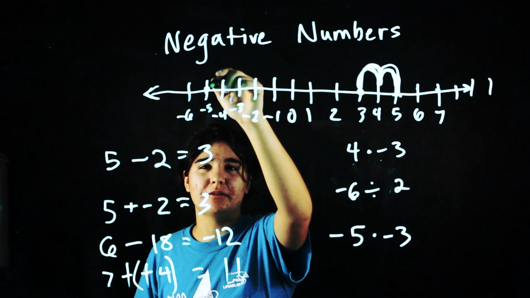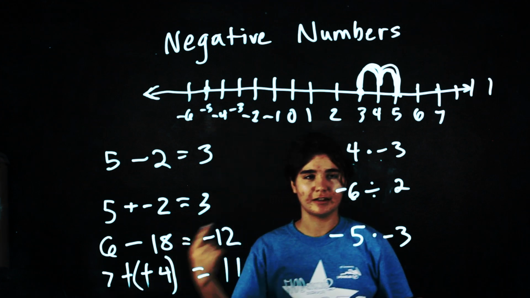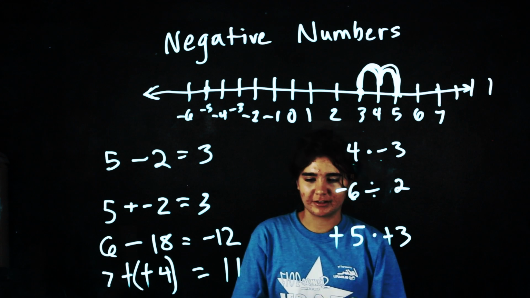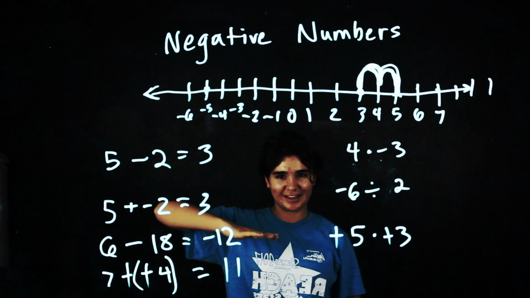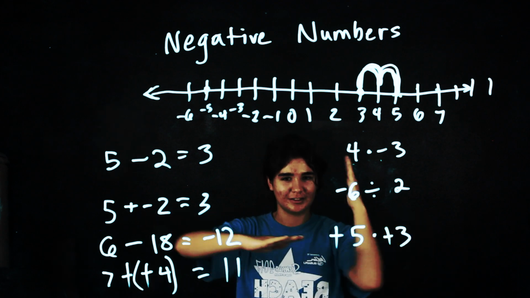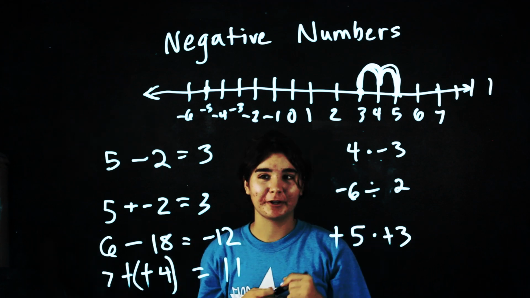So this negative 5 goes the positive direction because the negatives cancel out. You can also think of it as a trick I learned in middle school: a double negative really changes into a positive. That's one way of thinking about it.